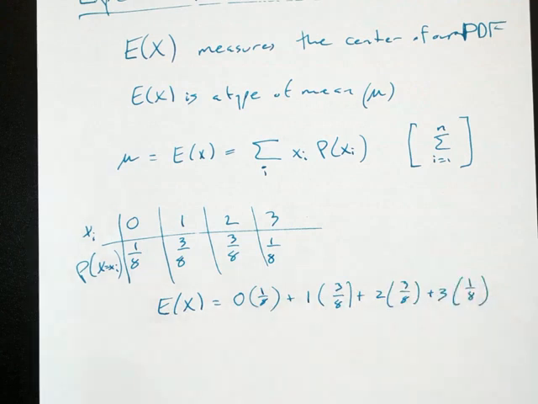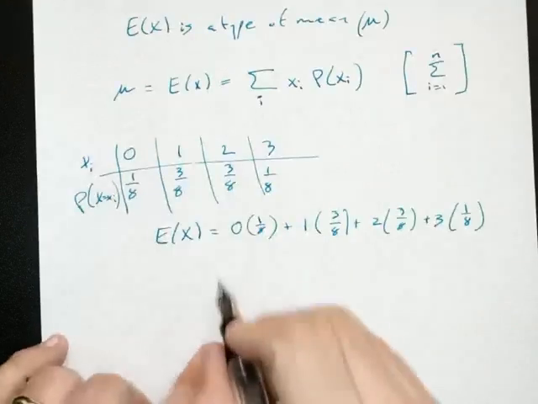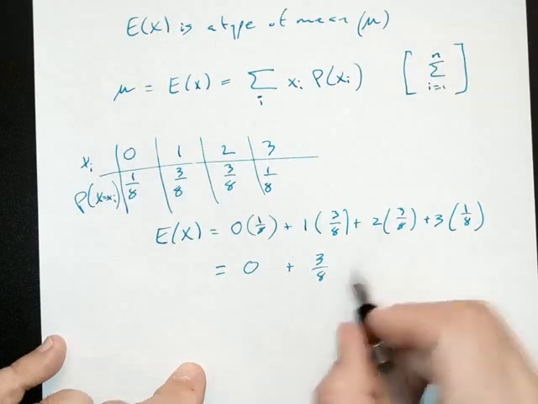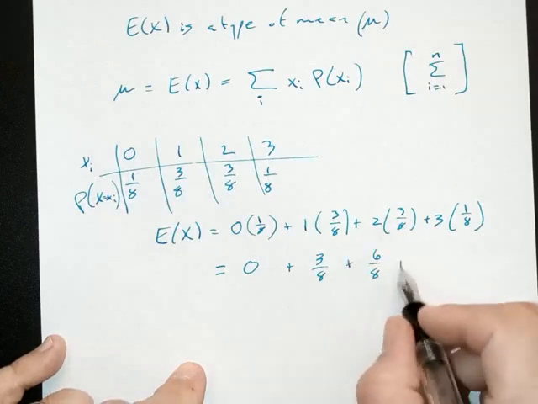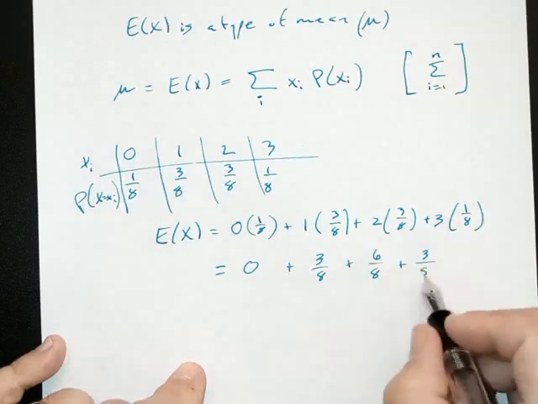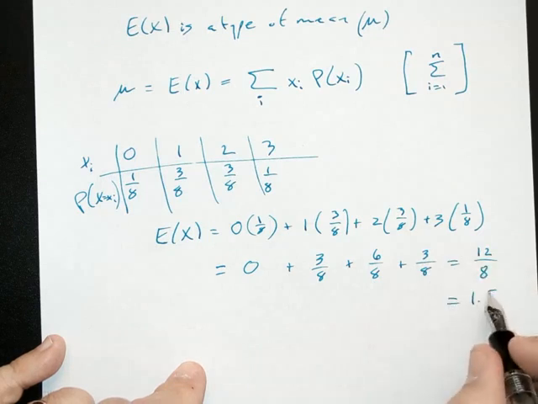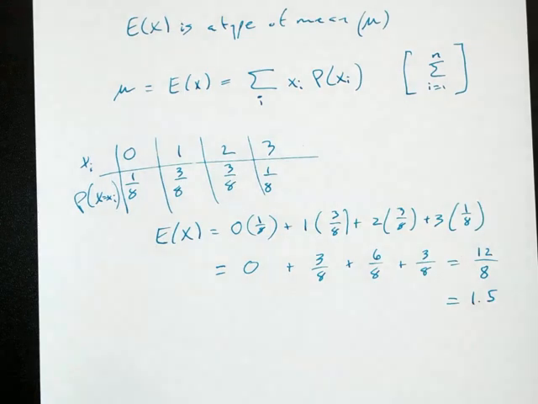Take each value and multiply it by the corresponding probability. That first number is 0, then 3 over 8, 6 over 8, and another 3 over 8, which gives 12 over 8, which is 1.5. Right in the middle between 1 and 2.